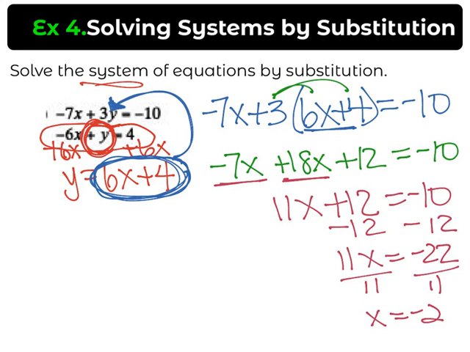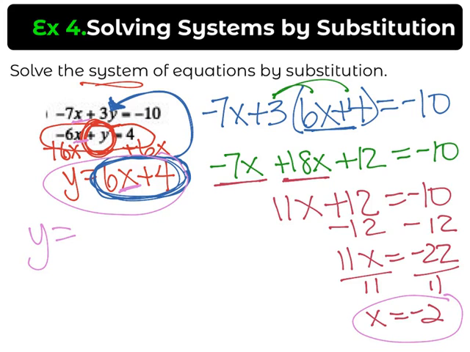But remember, we're not done yet. We are so close to being done, but we're not there. We know what x equals, so we're halfway there, and we've done the hard part. Now we need to take that x, negative 2, and put it back in to any one of these equations. It's going to be the easiest if you put it into the equation that you solved to get y by itself.